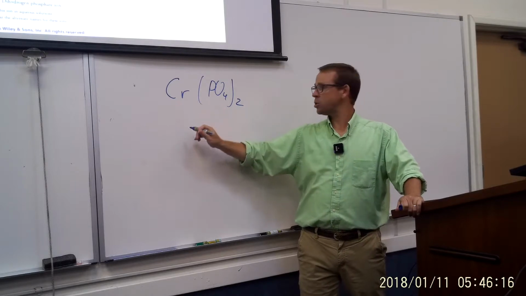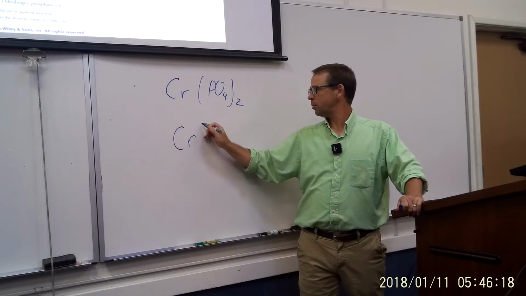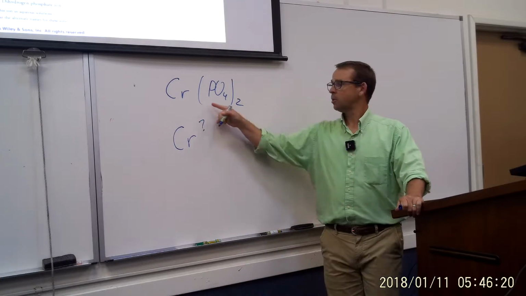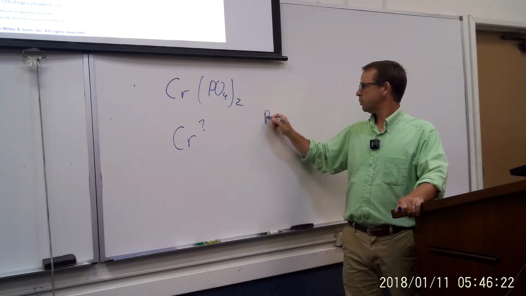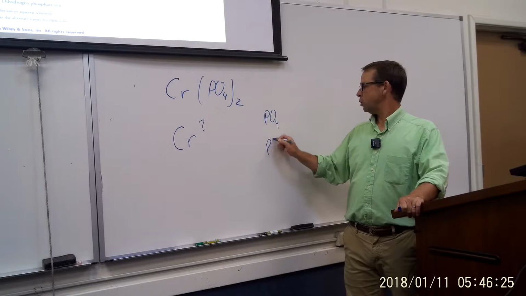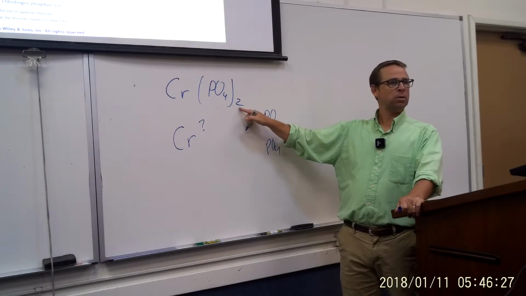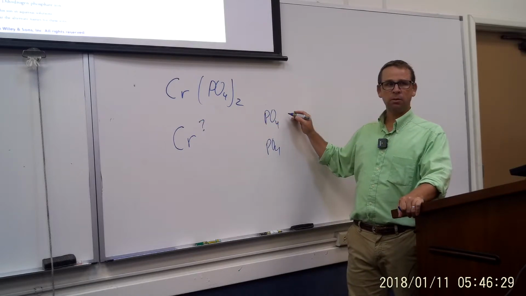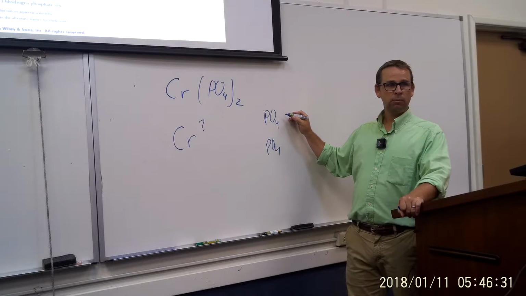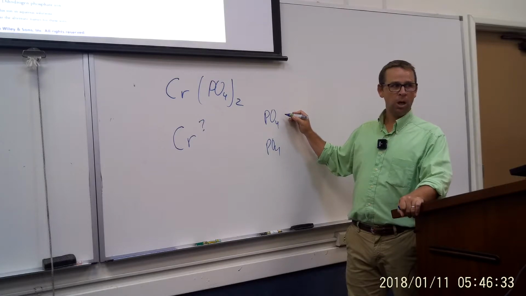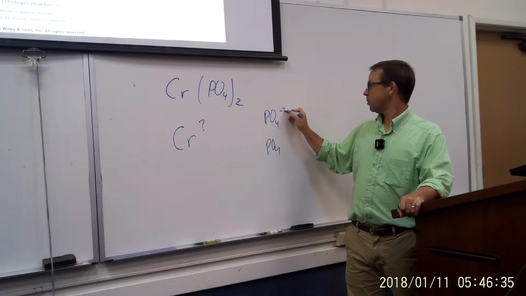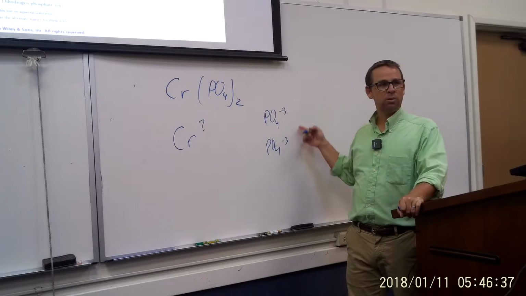No numbers. So it's just one chromium, some charge on that chromium. How many phosphates? 2, right? We see the 2 there. What's the charge on the phosphate? -3. How in the world do you know it was a -3?